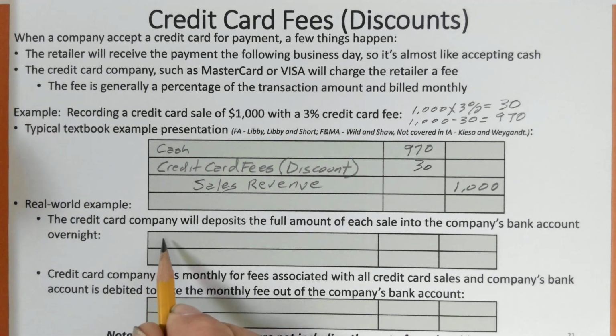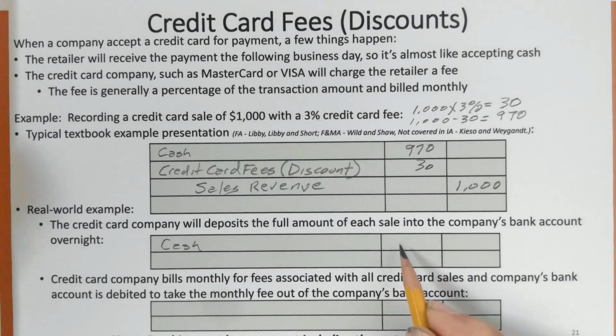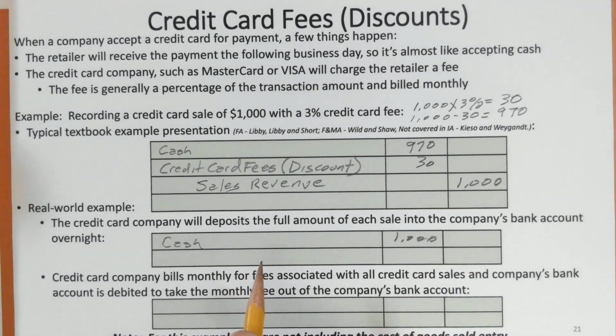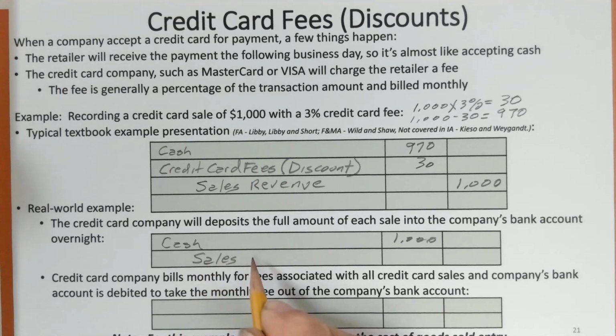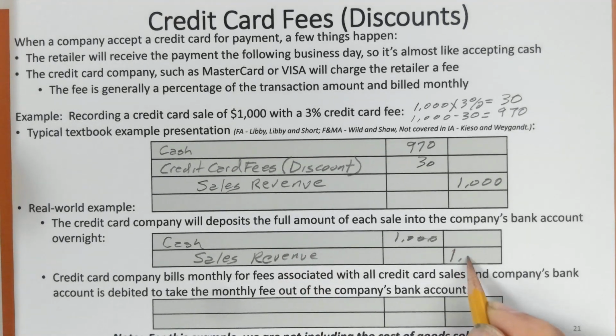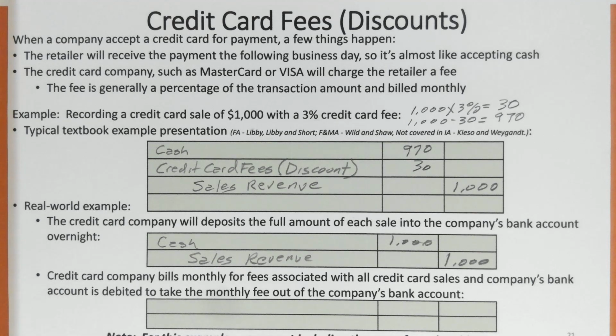So they're going to debit cash for the whole amount of the sale, which is in this case $1,000, and we're going to credit the sales revenue for the $1,000. And when this money is put into our bank account, lo and behold, it's going to be for the whole amount, just like we see here.